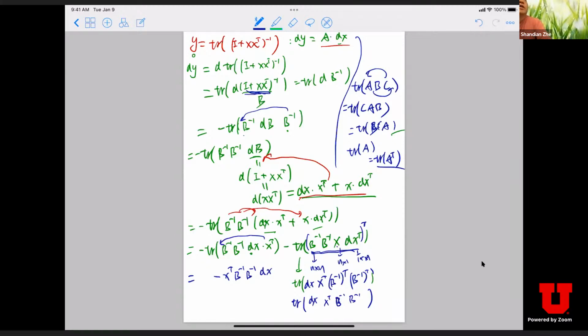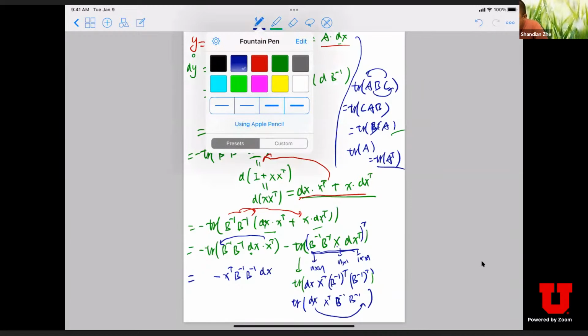So now we're going to use the rotation property again. Remember, we can rotate the leftmost term to the rightmost term inside the product, inside the trace, right? So we can move dx to the rightmost.